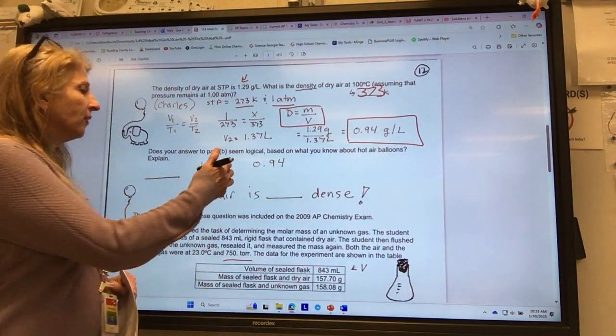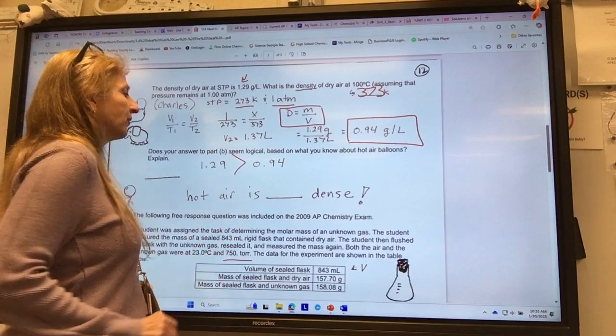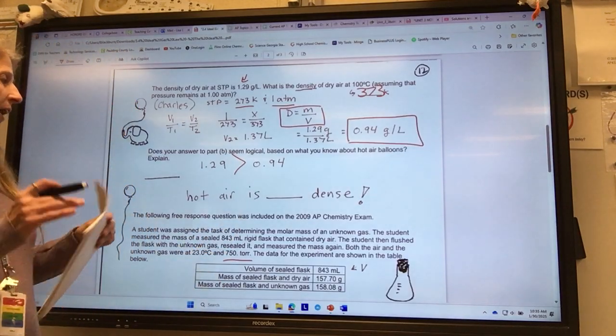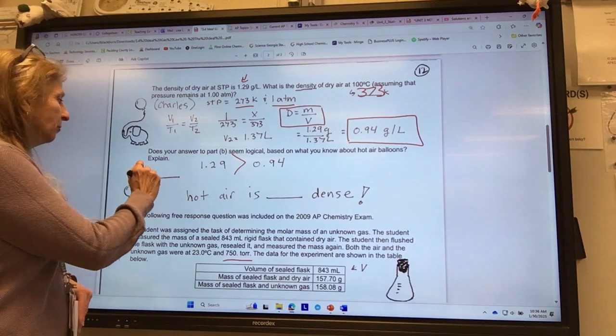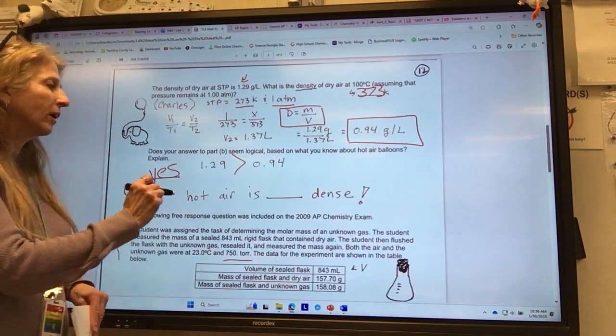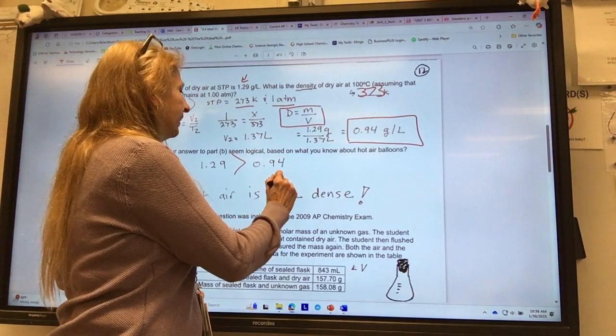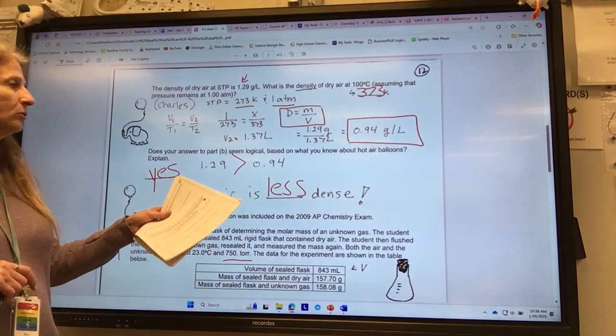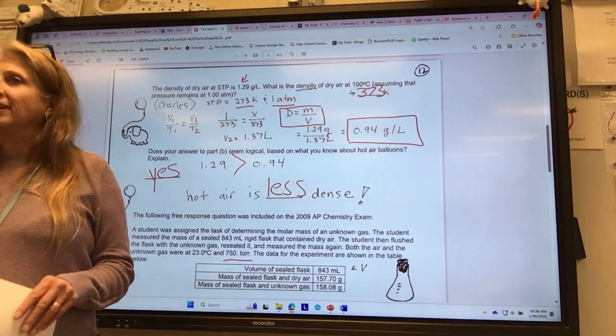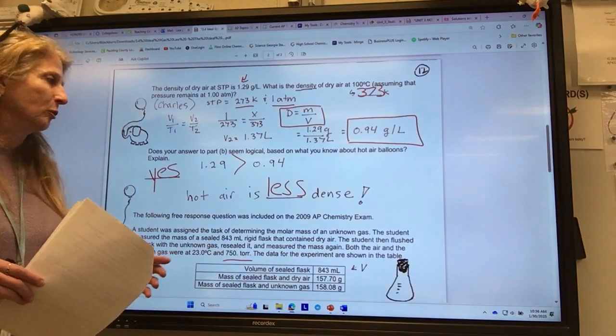Of course you would. So this is greater. Pac-Man wants to eat the bigger one. So does this make sense? Yes or no? Yes, I saw some little yes nods there, because hot air is less dense than cold air, right? That's why hot air balloons rise. It's kind of fun, isn't it, seeing it mathematically?